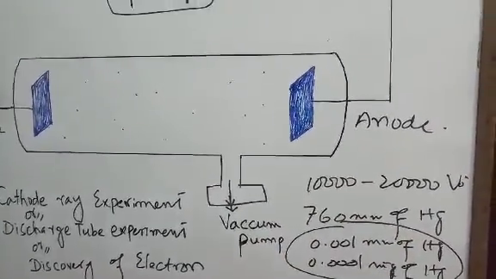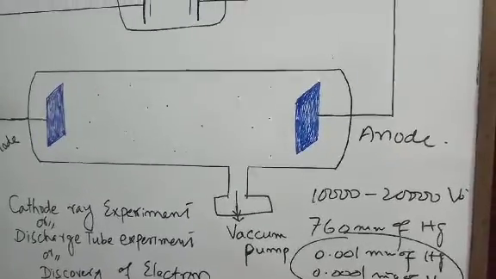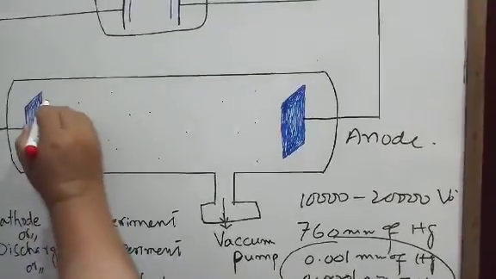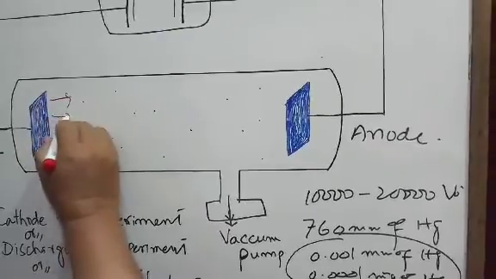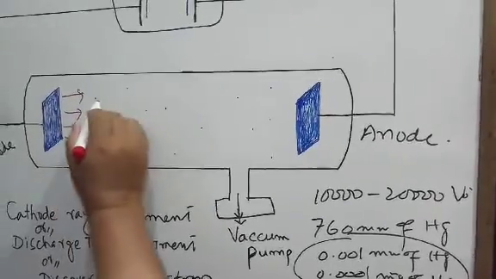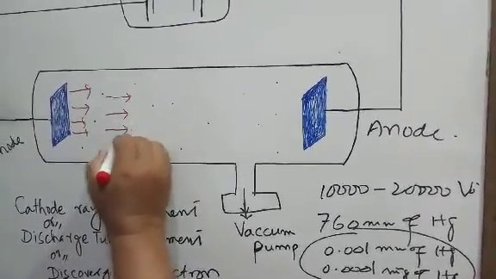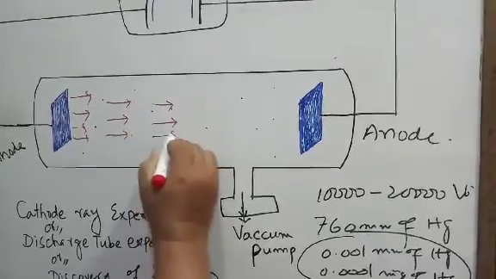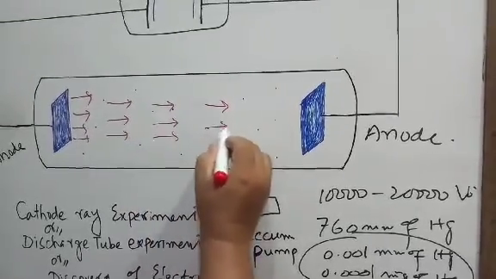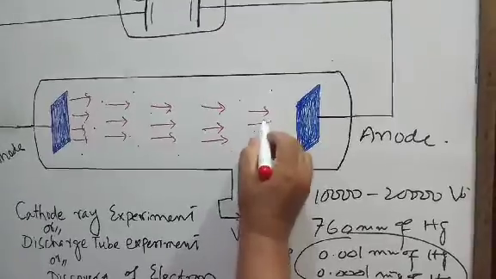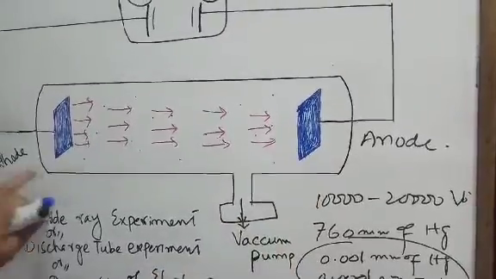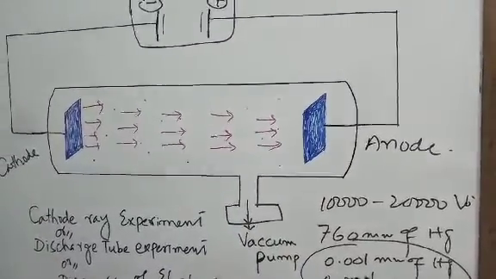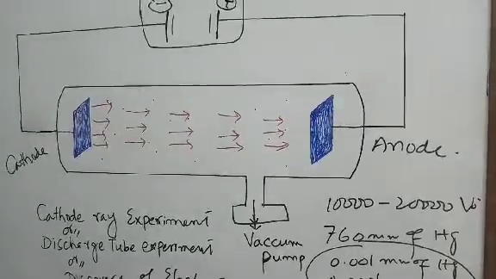J.J. Thomson observed that some rays were originating from the cathode and traveling towards the anode. As these rays were originating from the cathode, he named them cathode rays.